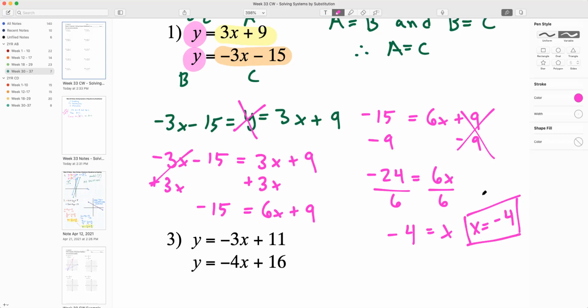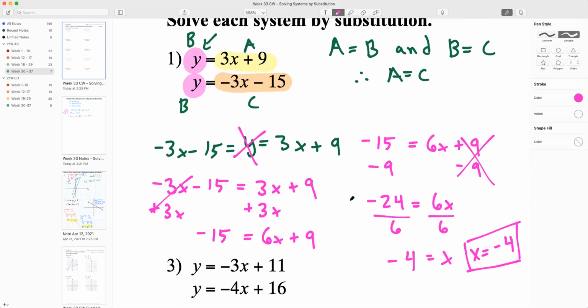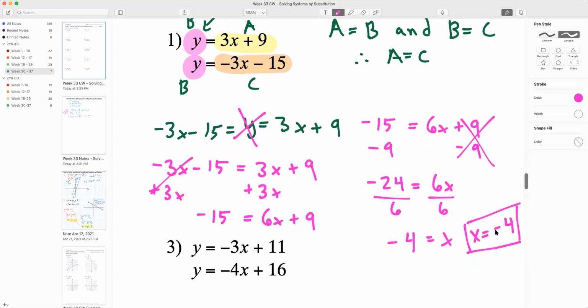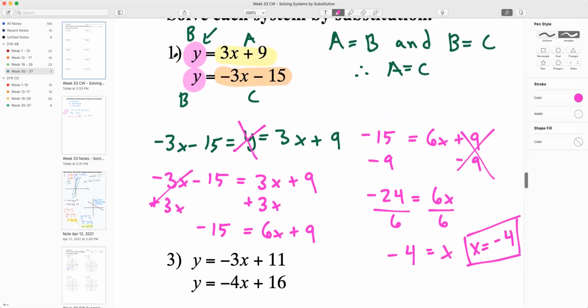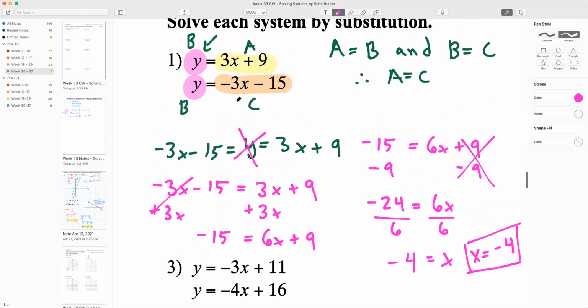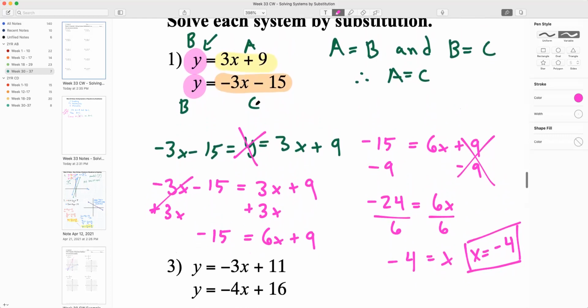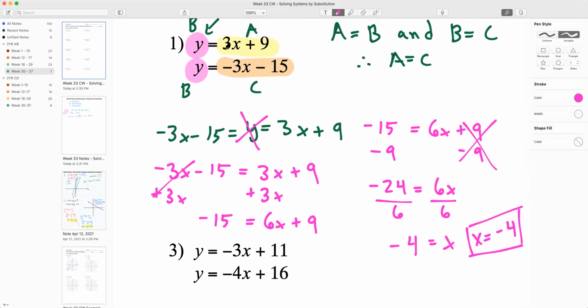That's great, because once we solve that equation, all we have to do is plug x back into either one of these equations to find y. Remember, solving a system of equations involves finding two variables, not just one. So to find x, we set one equation equal to the other, because y is equal to both of them.